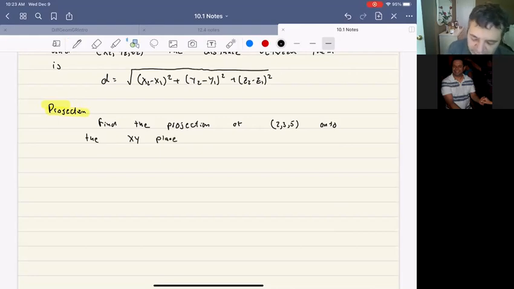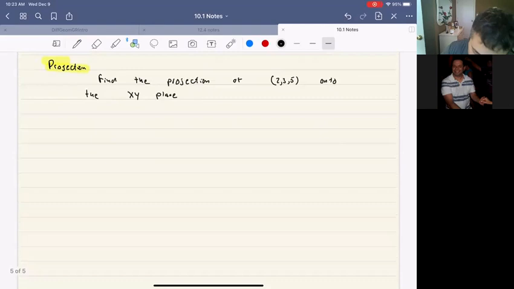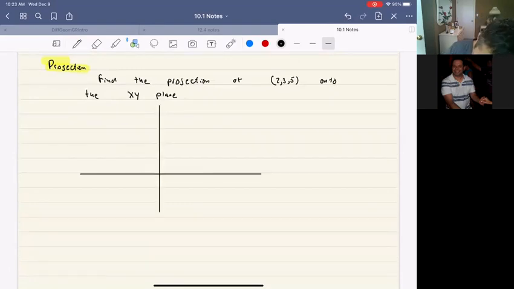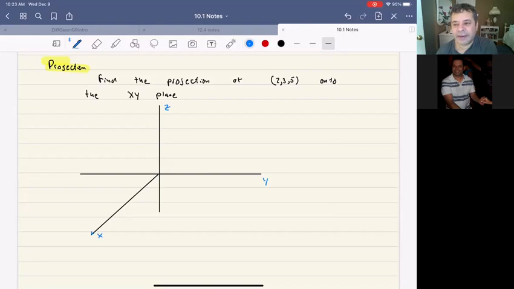Okay, so I'm going to use my standard XYZ like that. It does satisfy the right-hand rule. Okay. All right.